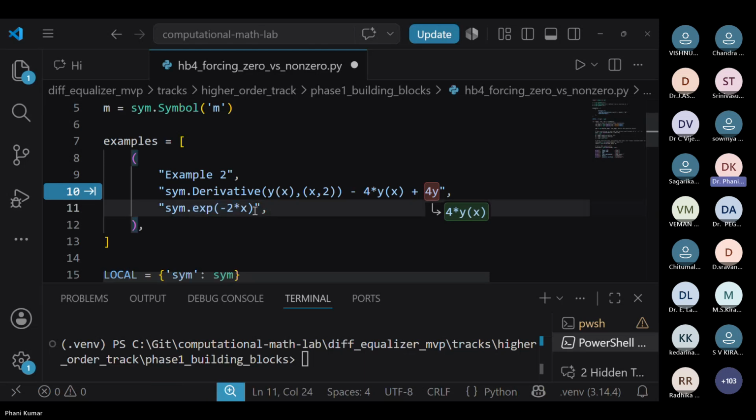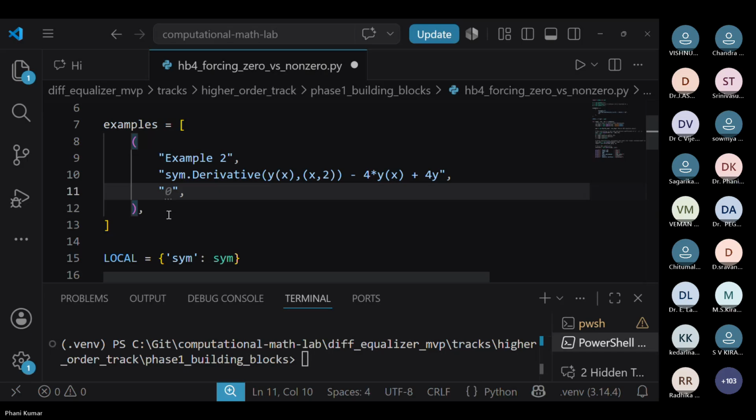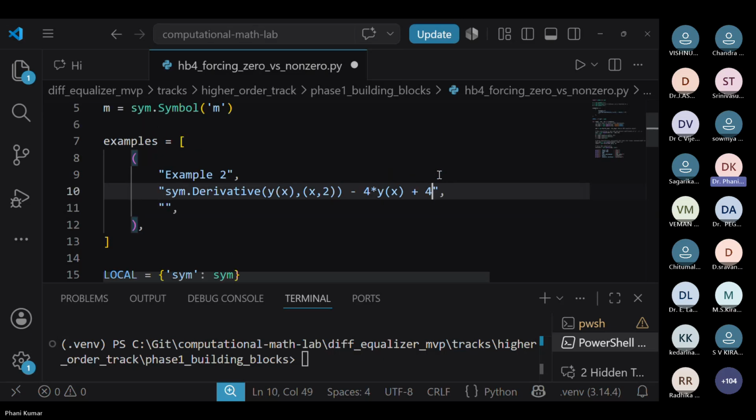How we are going to represent it, that is the most important. So y of x, second derivative, and the first derivative is dy by dx, and the 4y, right? Now see the solution for this one, 4y.